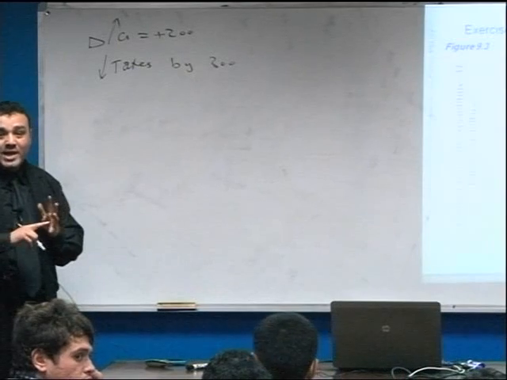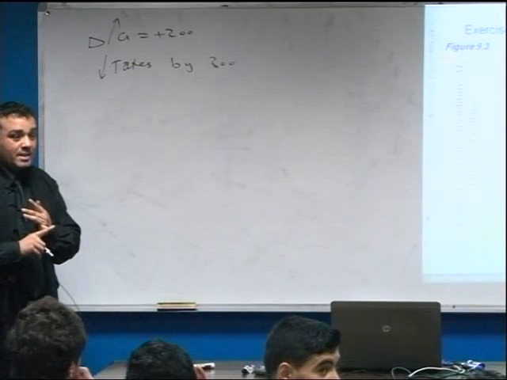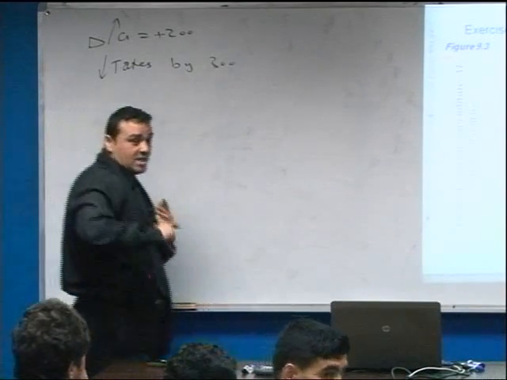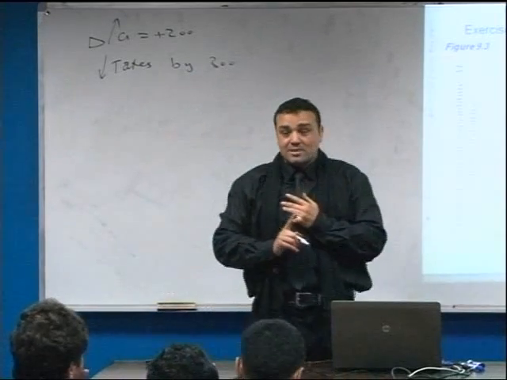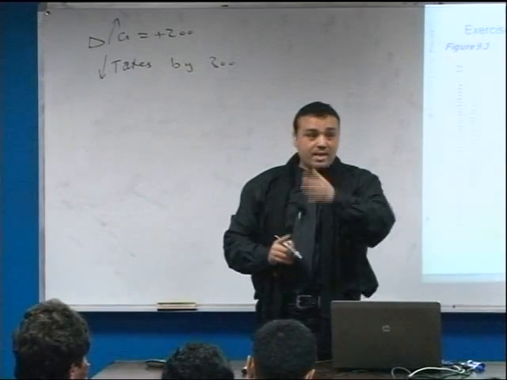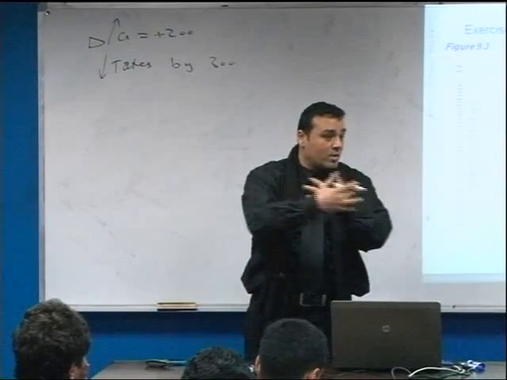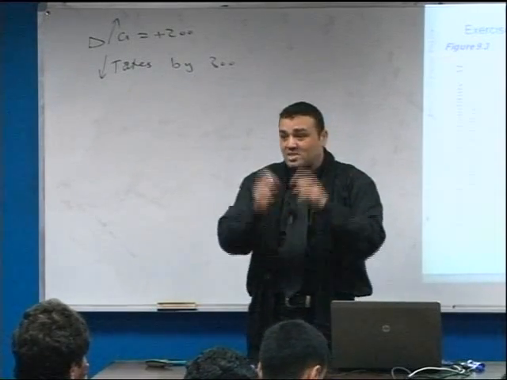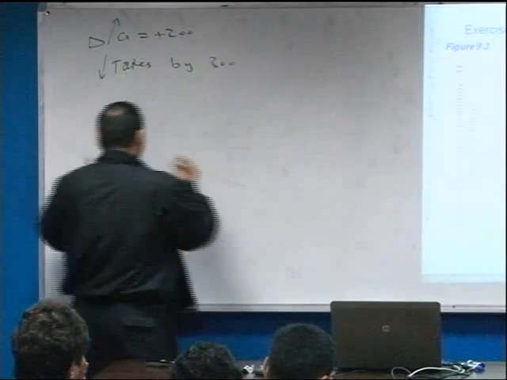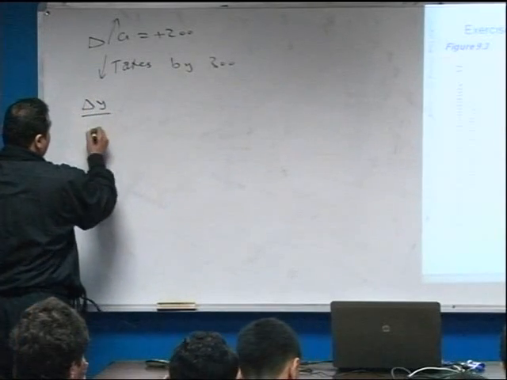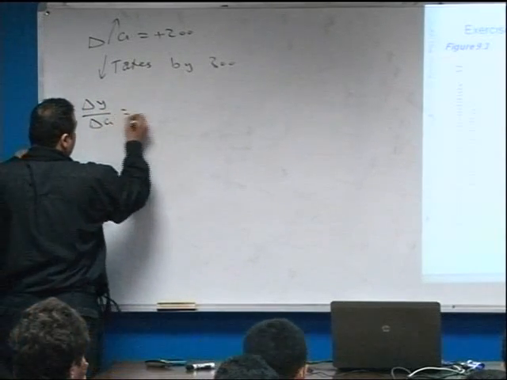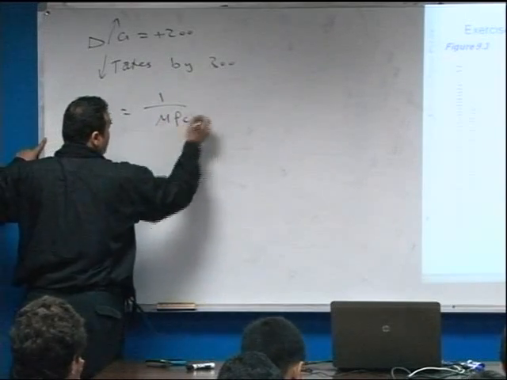As we mentioned, we have to calculate the change in the aggregate output due to the change in government spending and then due to the taxes, and then calculate the final change. So delta Y over delta G equals 1 over MPS.